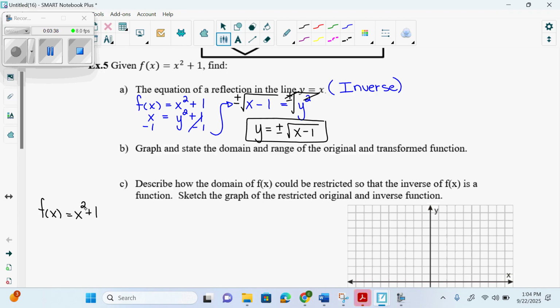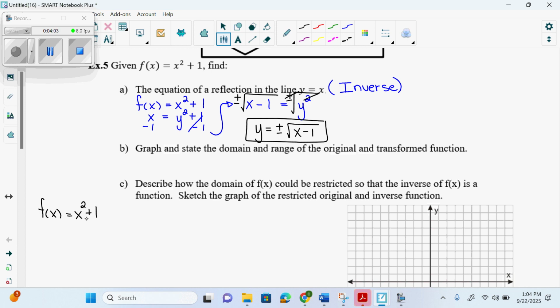So I don't need to use my calculator, nor should you have to. You did quadratics in a large degree of content last year. So you should know the parent function of a quadratic: 0, 0, 1, 1, negative 1, 1, 2, 4, negative 2, 4, 3, 9, negative 3, 9. You just take your x and square it, and you get your parent function of x squared. That's what you should have done last year.